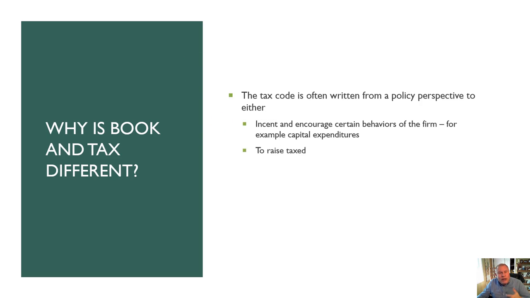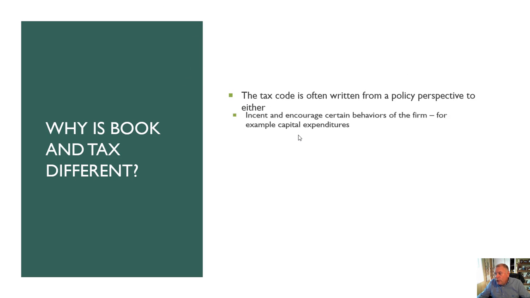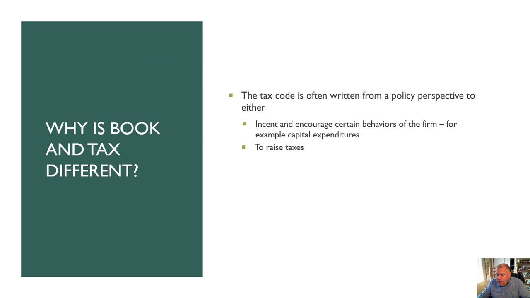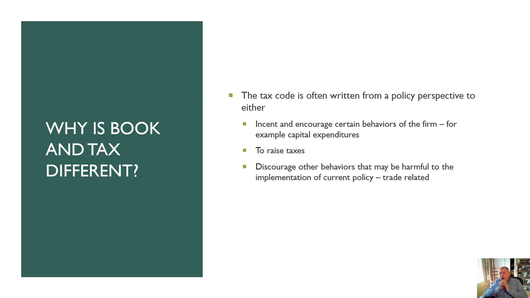Second, to raise taxes. Okay, so they want to make more income. The government wants to make more money. So they're doing it to raise taxes. Okay. The third is to discourage other behaviors that may be harmful to the implementation of current policy.